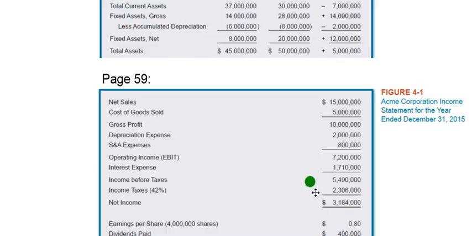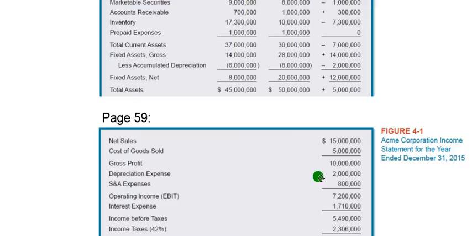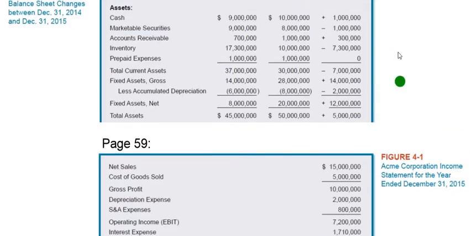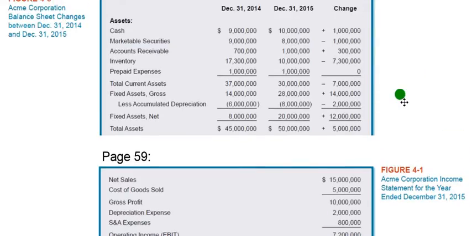So one of those expenses is the depreciation, which is this line item right here, $2 million that we got from our change in accumulated depreciation right up here on our balance sheet.